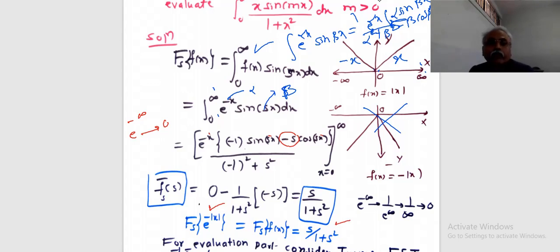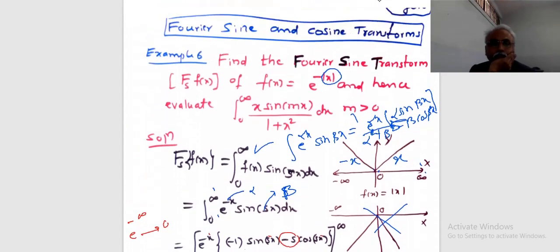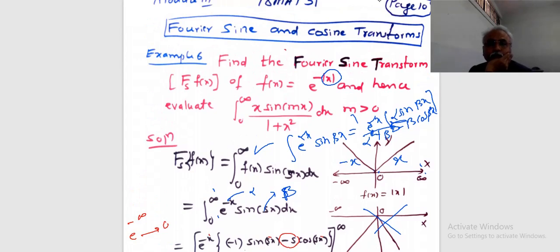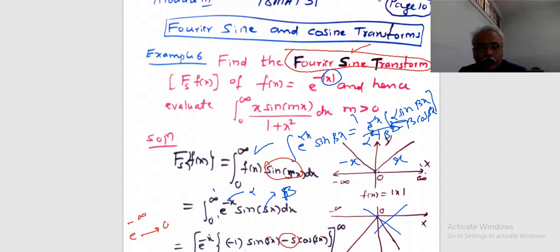What did we do quickly? Given a function, first we wrote the Fourier sine transform. Find the Fourier sine transform. So first time we are doing an example of Fourier sine transform. For sine transform, the definition is 0 to infinity, not minus to plus infinity. To the function, instead of e raised to isx, we are multiplying by sin sx. That you should remember.